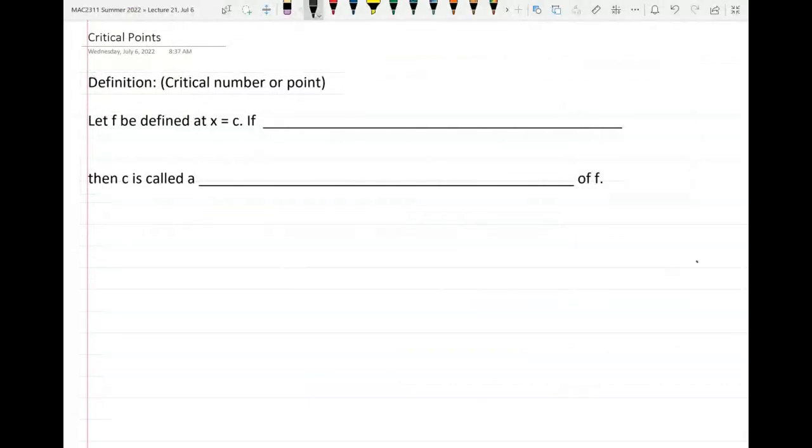So critical points. To be a critical point, the function has to be defined at that point. So it has to be part of the domain. Like for example, absolute value at 0 is defined. If the derivative is not defined, that's okay, but the function itself has to be defined. So let f be defined at x equals c.